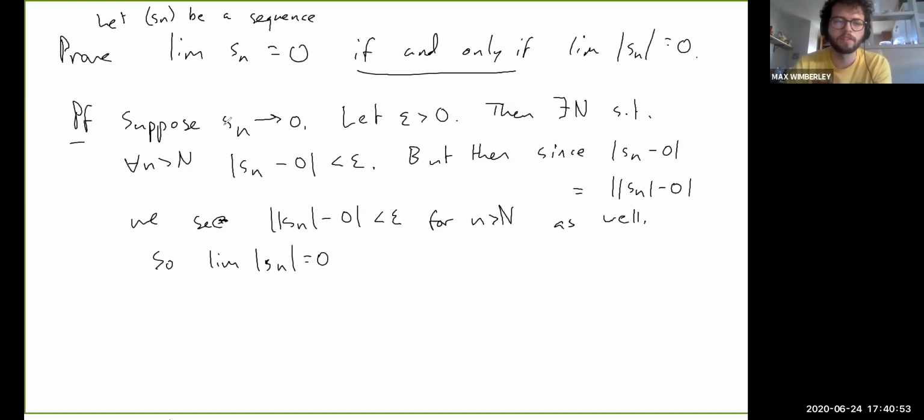As a hypothesis here, we have that Sn converges to 0. The way you leverage that is, now we need to show this one converges to 0. So we let epsilon be greater than 0. That's the epsilon we want to get this one to be less than.